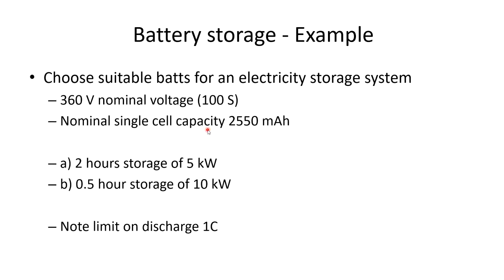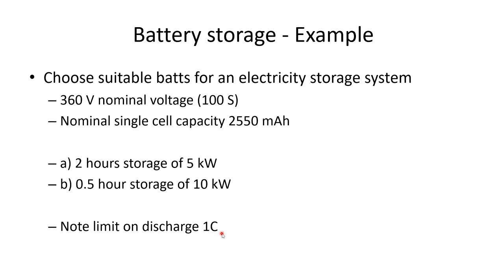And the parameters of the storage system would be for two cases. First case, having 2 hours of storage with the power rating 5 kilowatts, and the second, shorter duration, half-hour storage with the required power rating of 10 kilowatts.